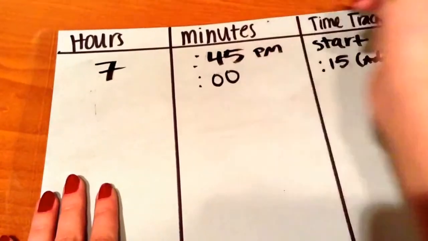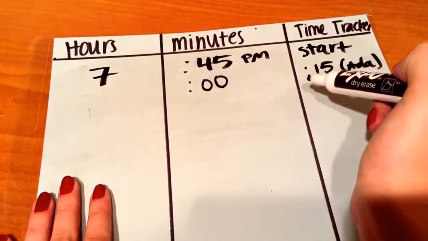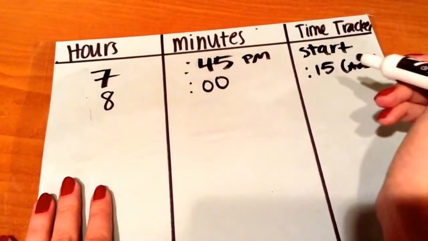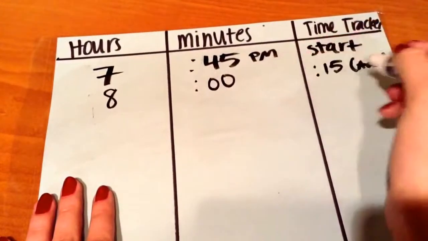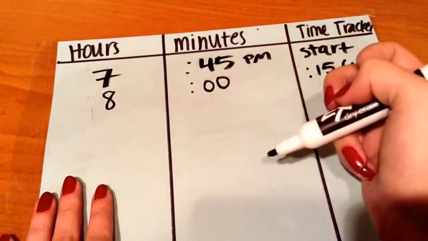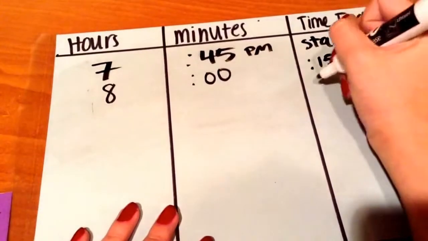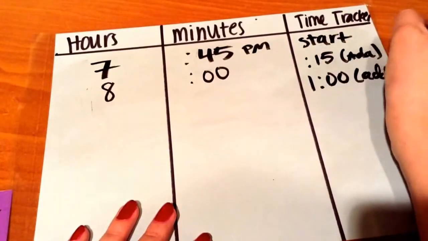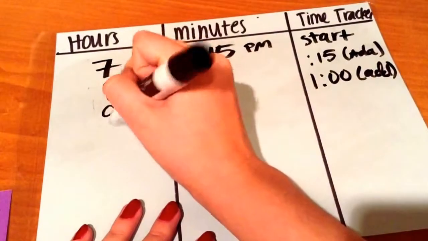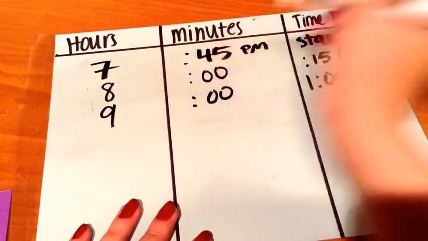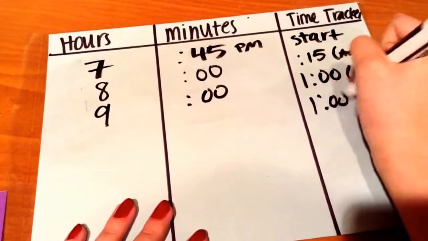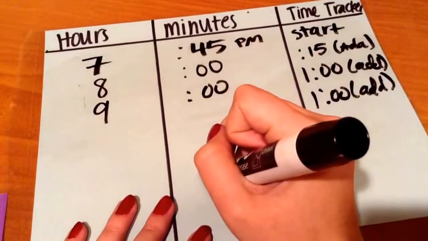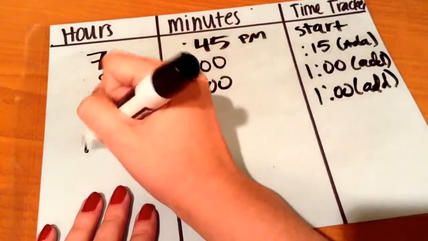But since I converted to an hour, this would then become 8 p.m. Now I only have to add 2 hours to this, which makes it a lot easier. So we add 1 hour, which would give us 9. And then we add 1 more hour. What time would that give us? Right, 10.